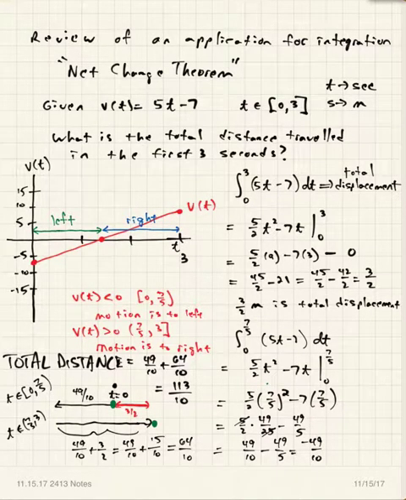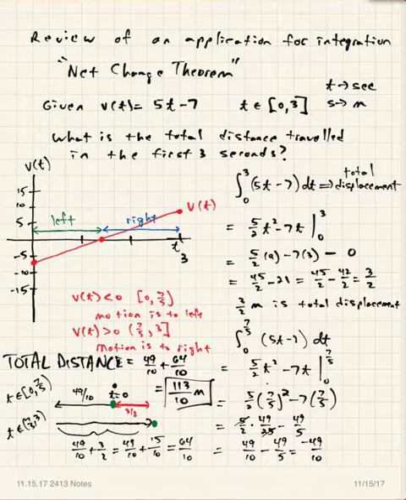And that's the total distance that the object has moved. Okay, so that's what we're after there, and you could write it as 11.3 if you wanted to. There's our total distance traveled.